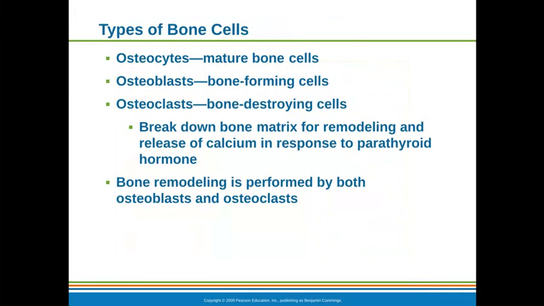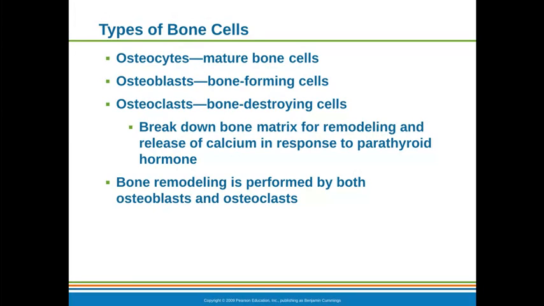Now, our types of bone cells, as we look at them as a whole: we have osteocytes. These are our mature bone cells. We have our osteoblast and osteoclast. Now, these are opposing types of cells. Osteoblasts are bone-forming cells. Osteoclasts are bone-destroying cells. So the question is, why do we need both?